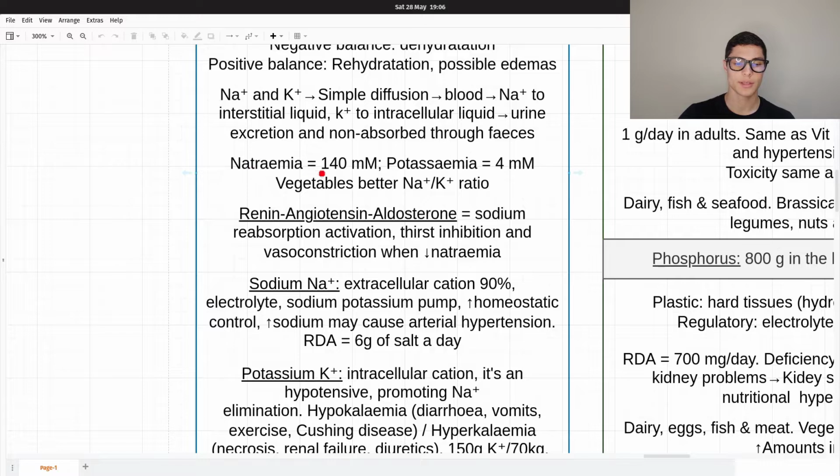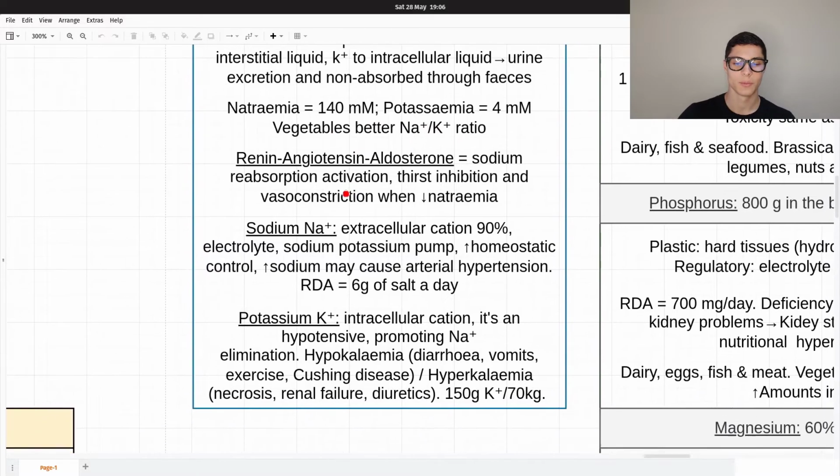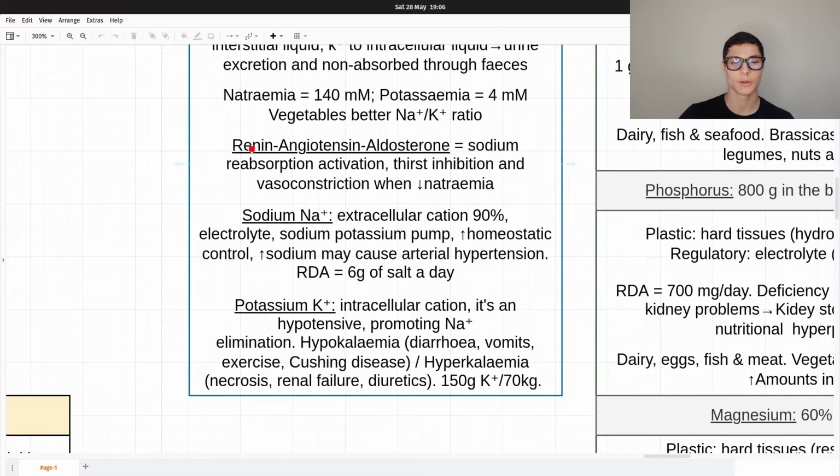The natremia is 140 millimolar and the kalemia is 4 millimolar. So we have a lot of sodium. And vegetables are the best way to get the correct ratio. We have in our body the renin, angiotensin, aldosterone system.